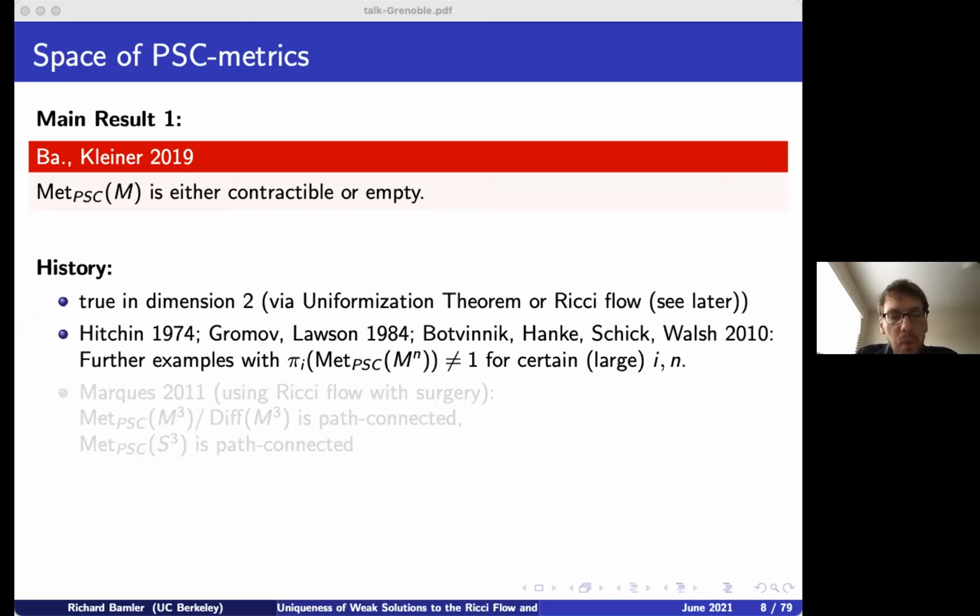In higher dimensions, problems of this sort were first considered by Hitchin in a paper of 1974, and then there was a lot of other work, and this work always revolved around showing that in higher dimensions this space has non-trivial topology. Yeah? So I think the lowest dimension that they obtained was dimension 5. Okay? So it's interesting to see that in dimension 3 the same phenomenon does not occur.